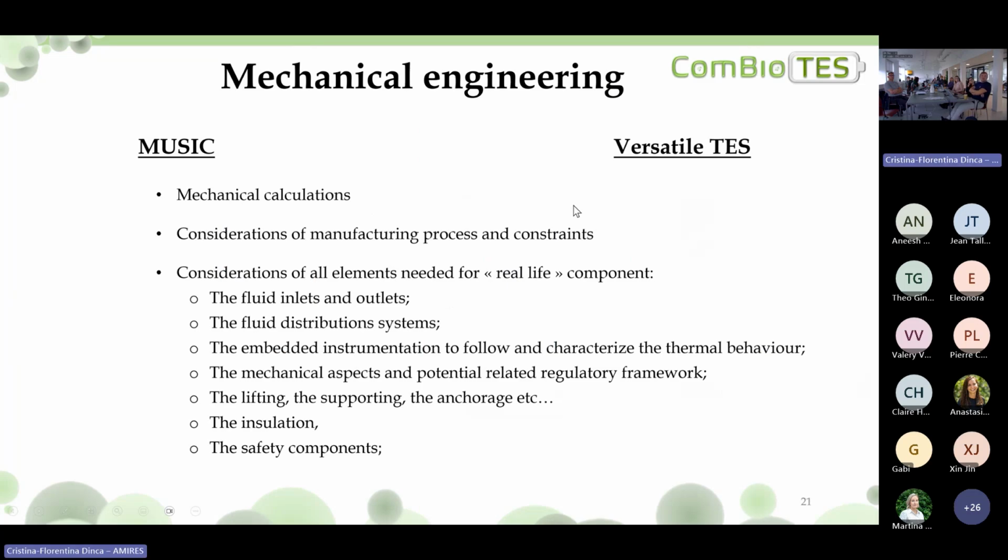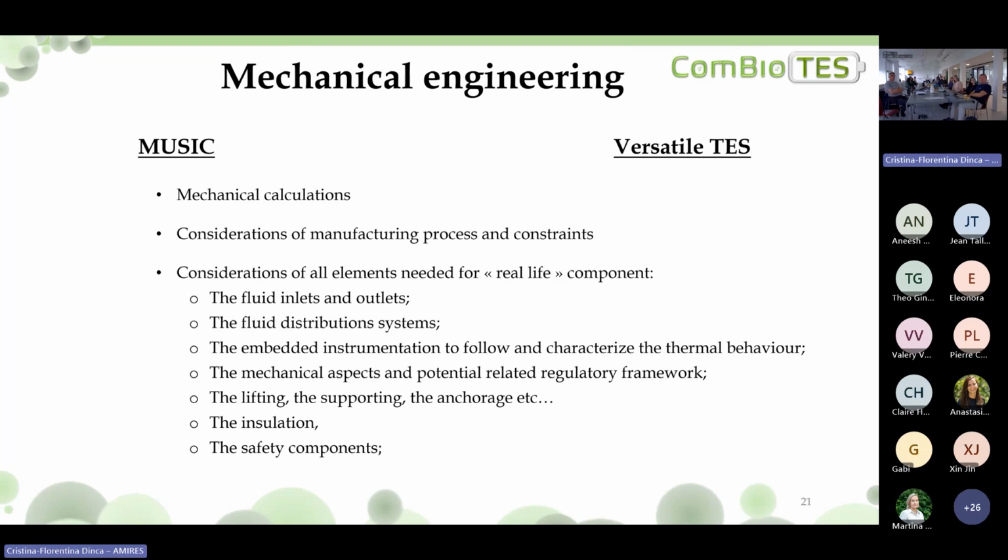The next step has been the mechanical engineering. So that means we have to consider for both storages all the constraints from mechanical aspect, the configuration, to take into account the pressure, the temperature, the manufacturing constraints on process, to define the fluid inlets and outlet system, the fluid distribution system, the embedded instrumentation and the way to put this embedded instrumentation inside the storage.